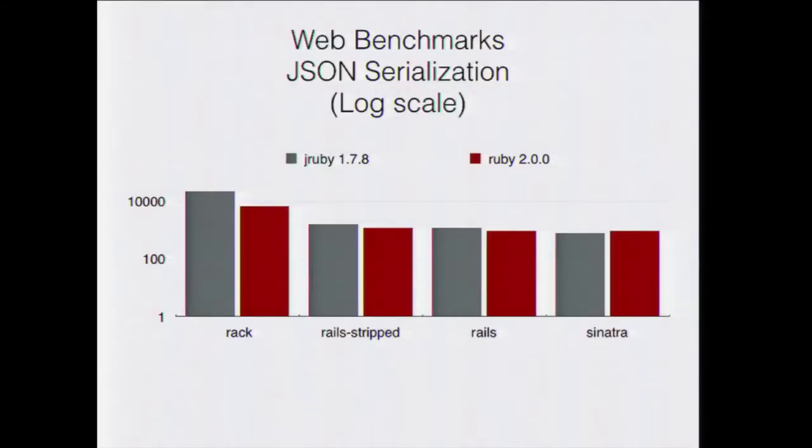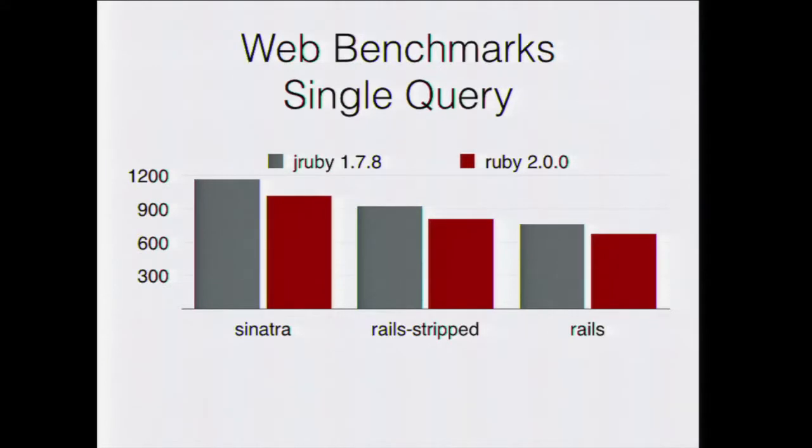Okay. Next one. Look at the single database query. Single response, and higher is better here. And you can see that JRuby outperforms Ruby 2.0. We don't have the data for 2.1 yet because round 8 didn't include it.